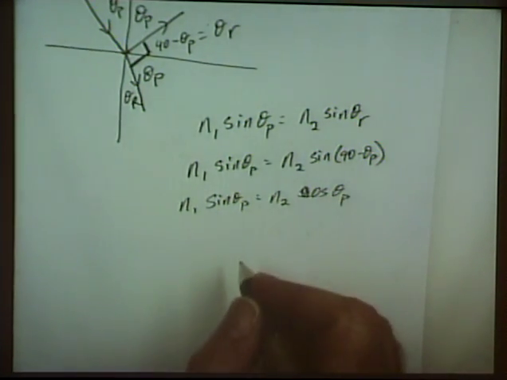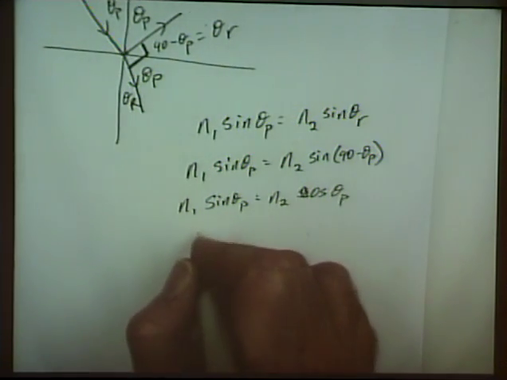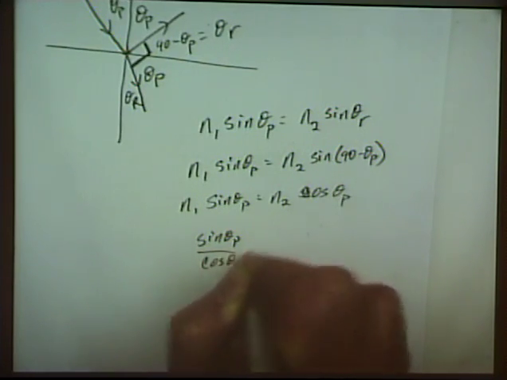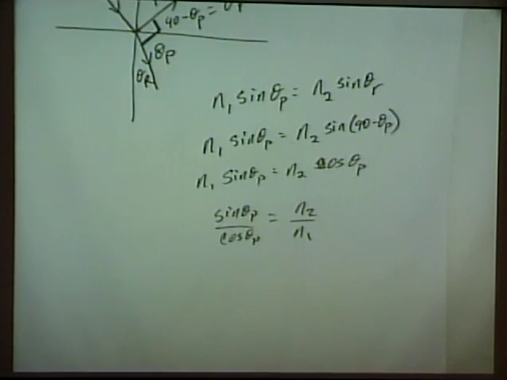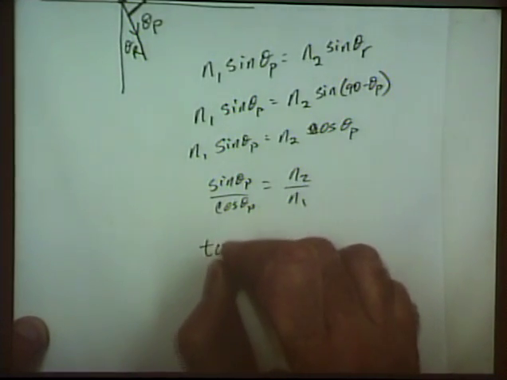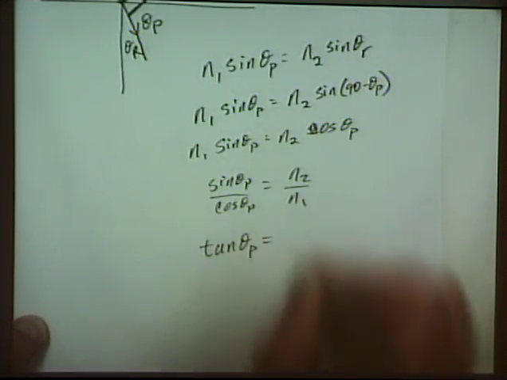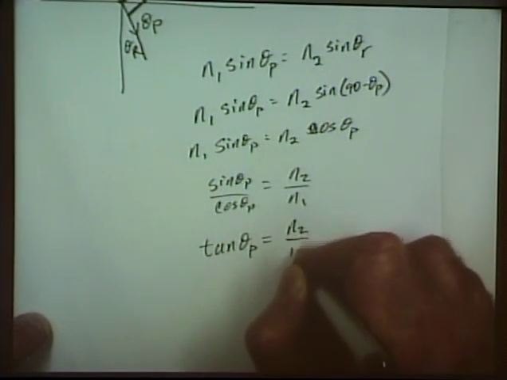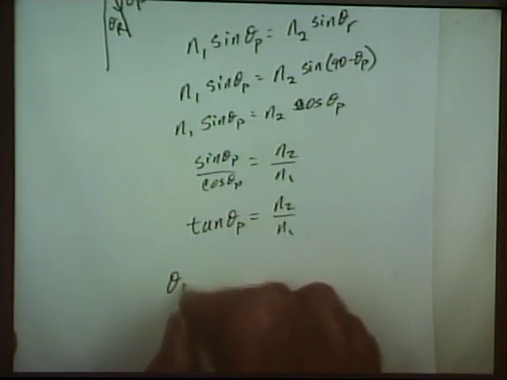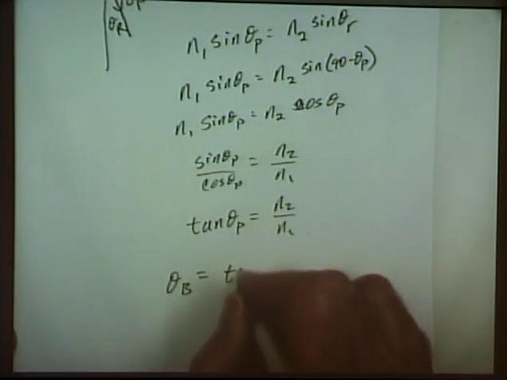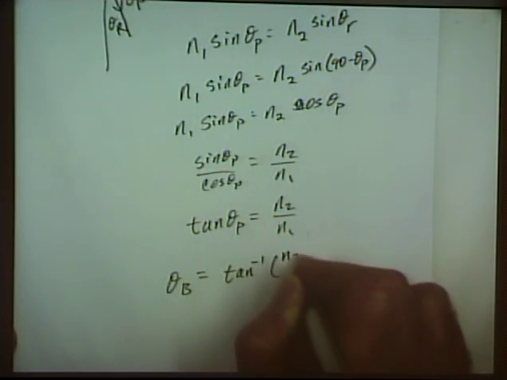Now sine of theta p over cosine of theta p equals N2 over N1. What's the sine over the cosine? Tangent. Right. So that's why in your book, the tangent of theta p, the angle of polarization, is equal to N2 over N1. And that's called Brewster's angle. So Brewster's angle, theta b, is equal to the inverse tangent of N2 over N1.